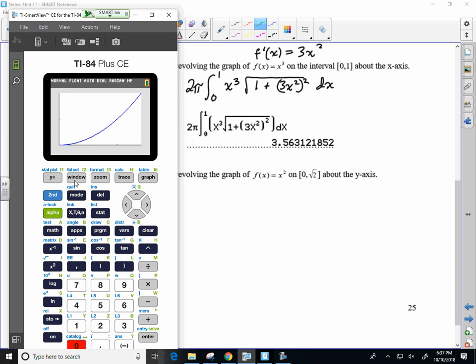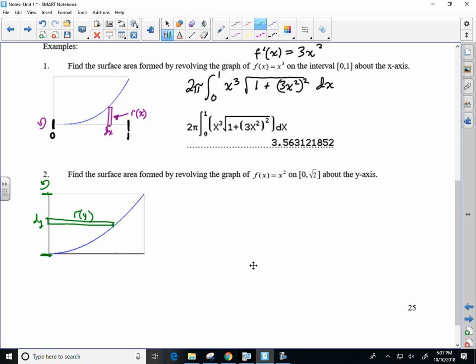Now, if you have not yet figured out what the bounds would be, that's all right. The calculator figured it out for you. 0 to 2. I mean, it's trying to tell you 2. It's just stuttering a little bit. So 2 pi on the interval of 0 to 2. I need my r of y.